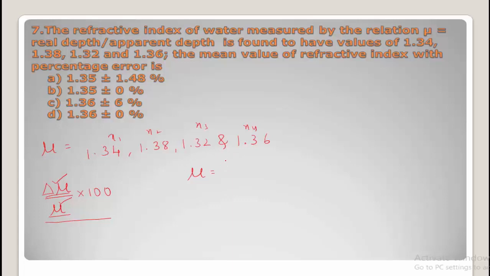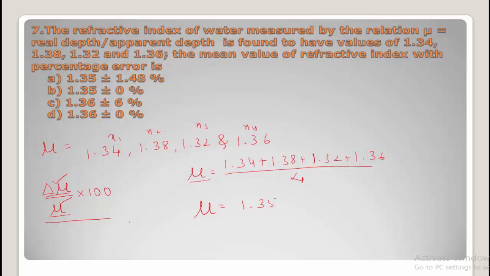So to find the mean value of mu I am going to add all the four values: 1.34 plus 1.38 plus 1.32 plus 1.36 whole divided by 4. So this value becomes 1.35. Now this is the value of mu.